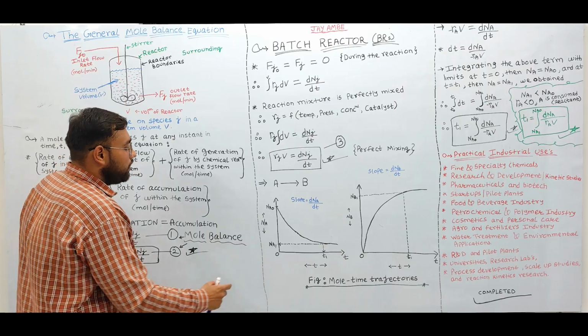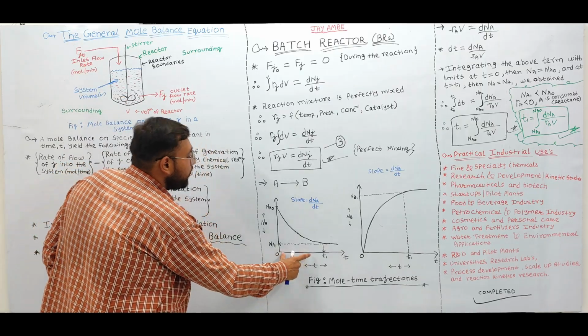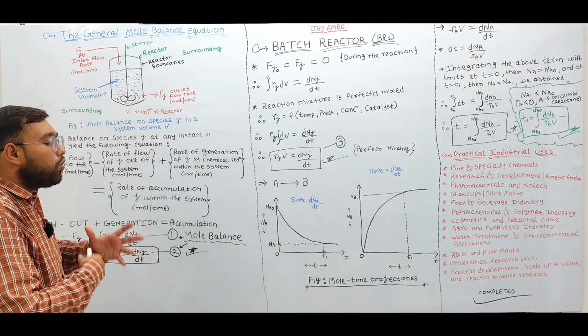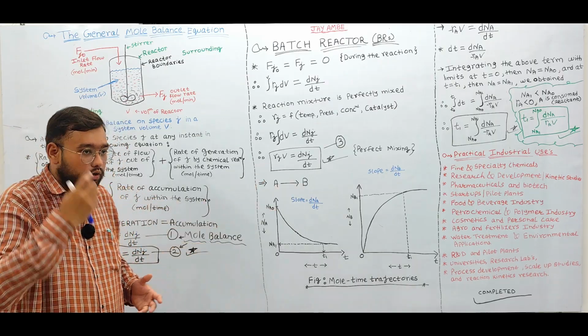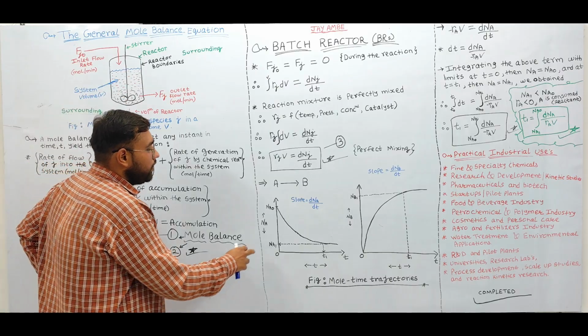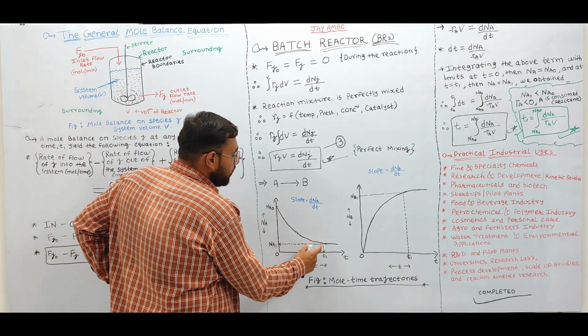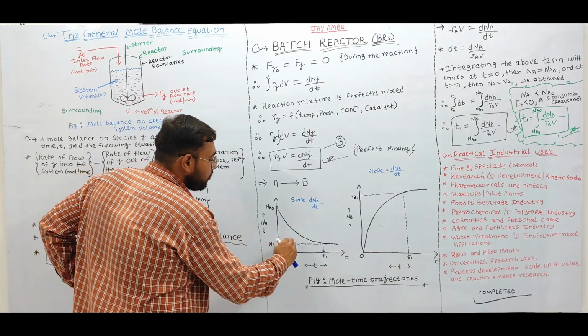Up to this time period, more reactant molecules get converted into new products, due to which we have the negative slope.